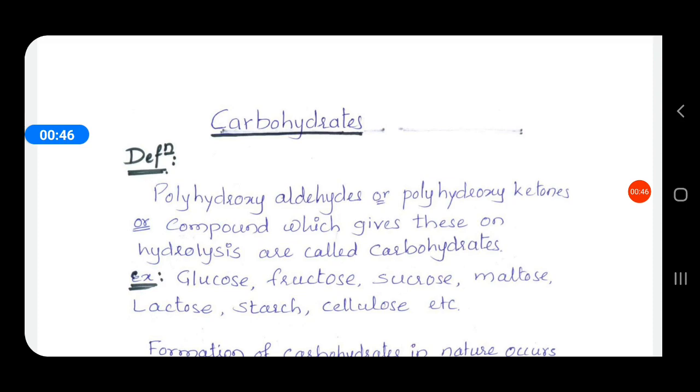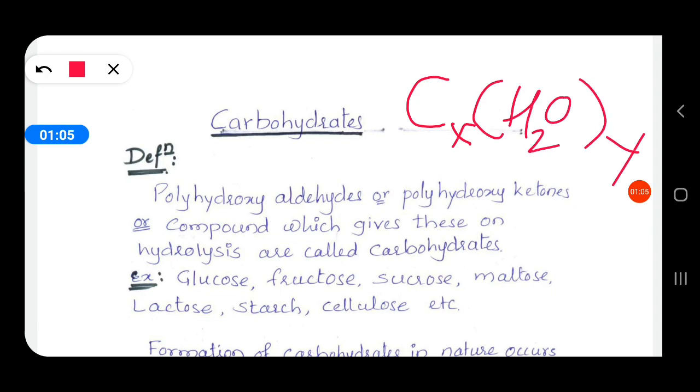So the name carbohydrate was given initially when carbohydrates were discovered. Their structure was identified as Cx(H2O)y. So hydrates of carbon, the carbon and water molecule ratio is like this.